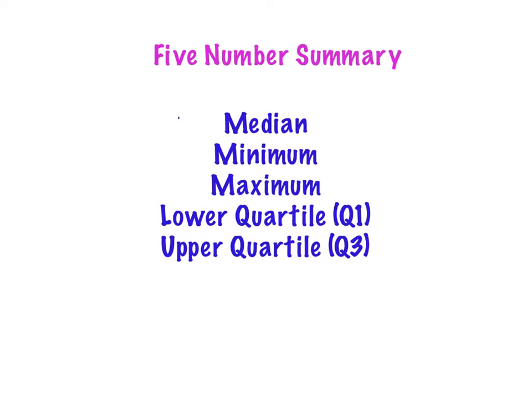So here are the 5 parts of the 5-number summary. Our 5-number summary begins with the median, which we know is our middle number when we order our numbers from least to greatest. We also have the minimum, which is our smallest number in a set of data.